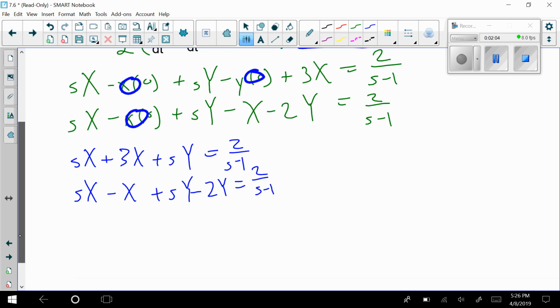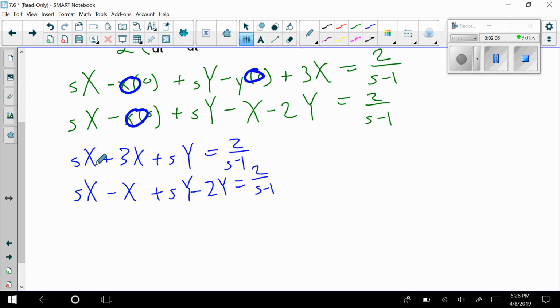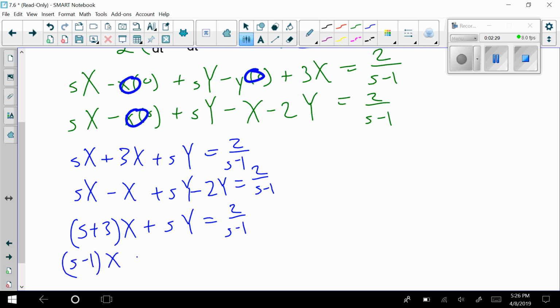I think it's worthwhile to take out my x here, which if I take it out of the top two, that'd be s plus 3 big X plus s big Y equals 2 over s minus 1. Down here I'd have s minus 1 big X plus s minus 2 big Y equals 2 over s minus 1.